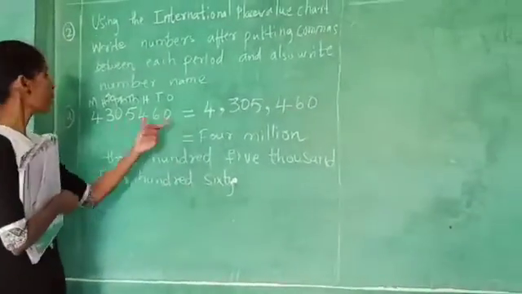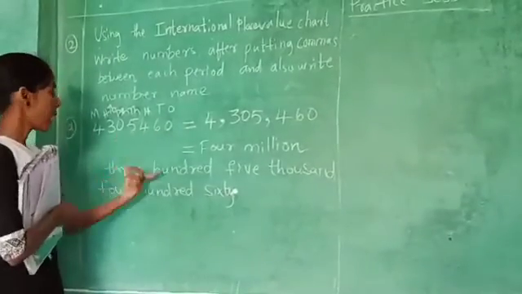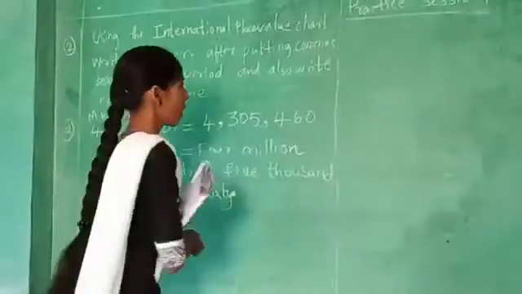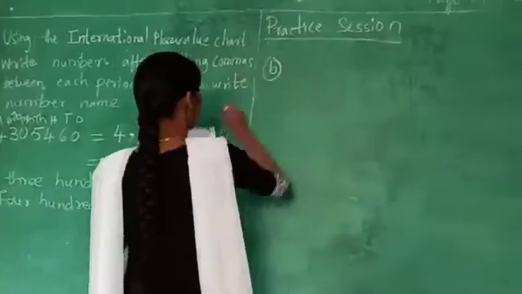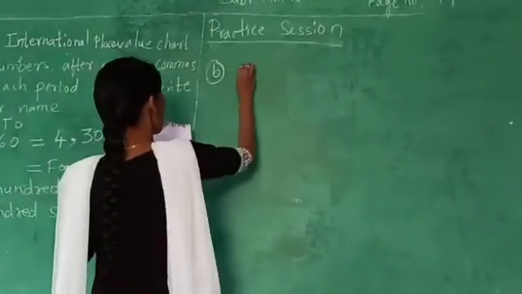Like this we have to read the number, and like this we have to write the number name of the given one. Next, B they have given.